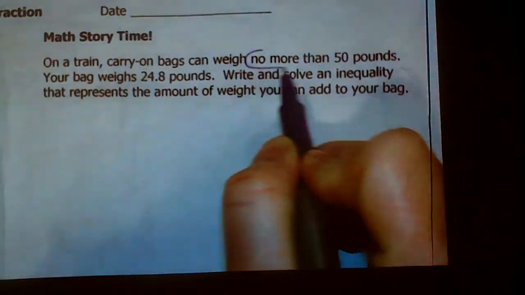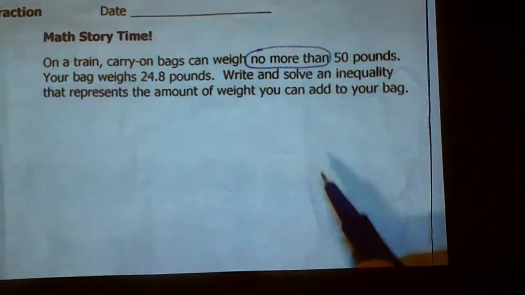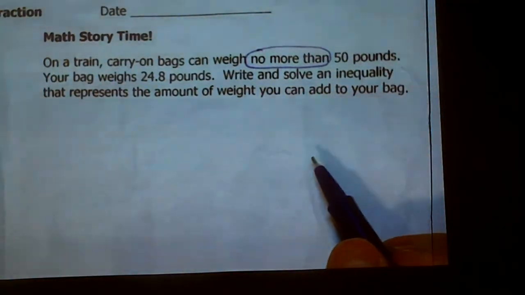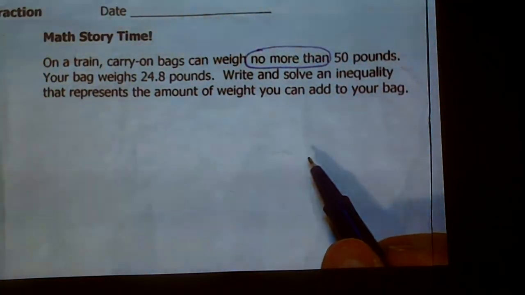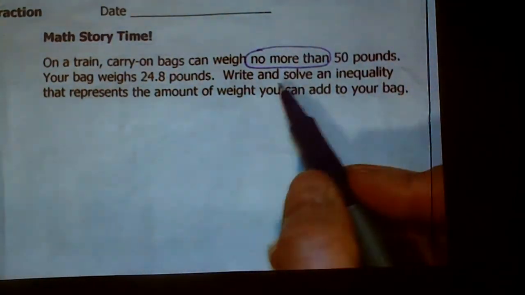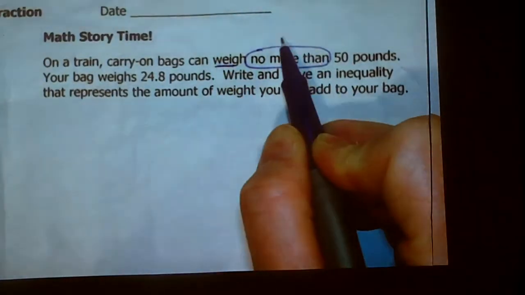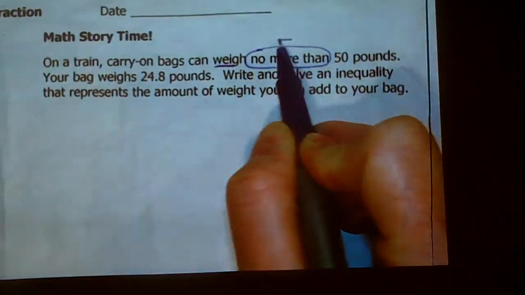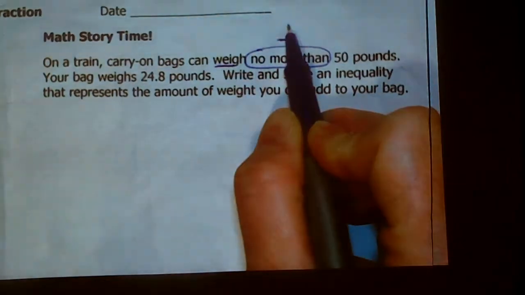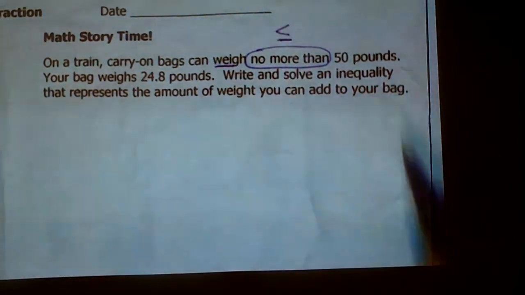So those keywords, no more than 50 pounds, bring us back to that first lesson that we had on this with all those different vocabulary words and what it represents. So no more than means that the weight right here can be equal to, but it can't be more than 50. That makes it less than or equal to the 50.